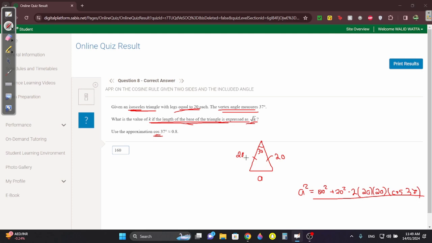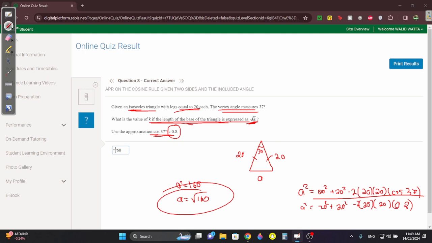Put this in a calculator, but make sure to use cosine 37 as 0.8 and not the value given on the calculator. So 20 squared plus 20 squared minus 2 times 20 times 20 times 0.8, and I'm pretty sure you're going to get a squared equals 160. Here they want radical k, so a equals radical 160. We just put 160 because they want what's under the radical.